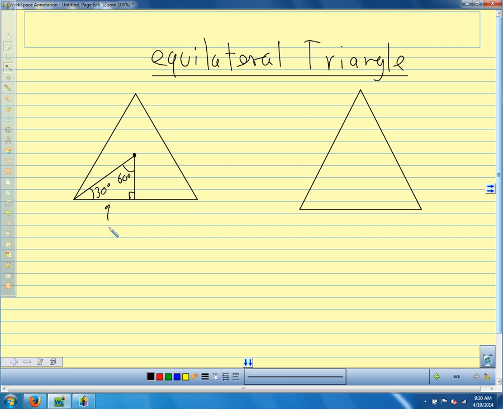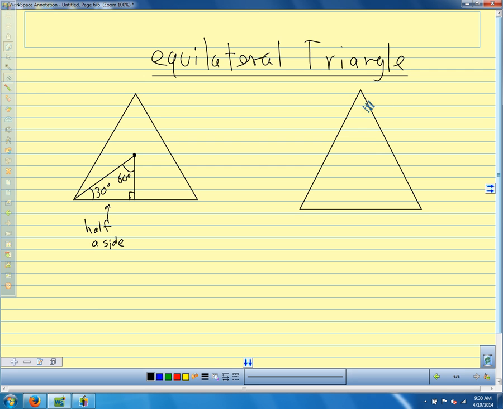And this is half a side. So when I draw the radius and the apothem of an equilateral triangle, I end up with a 30, 60, 90 triangle. And I can use the rules for 30, 60, 90 triangles to find pieces of that triangle.